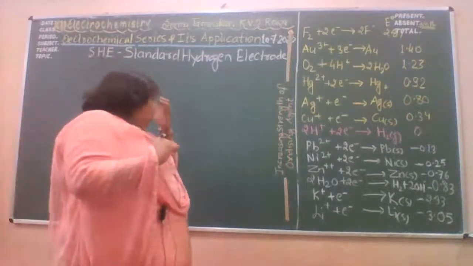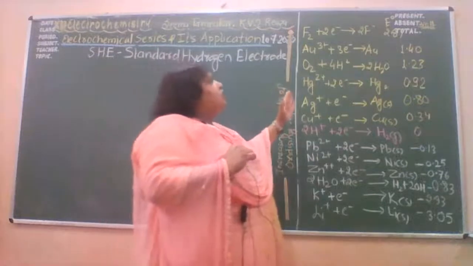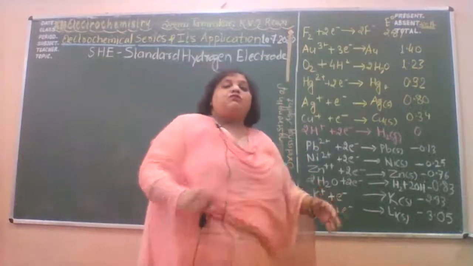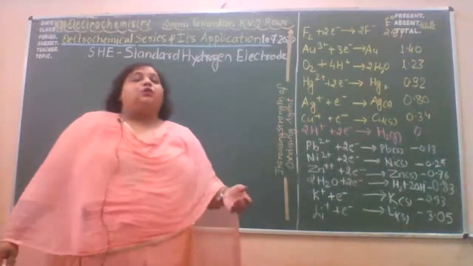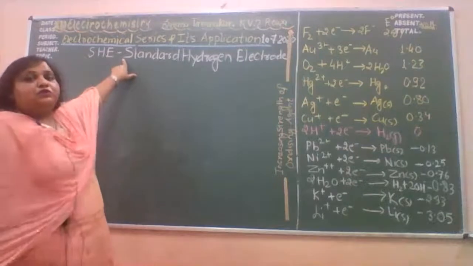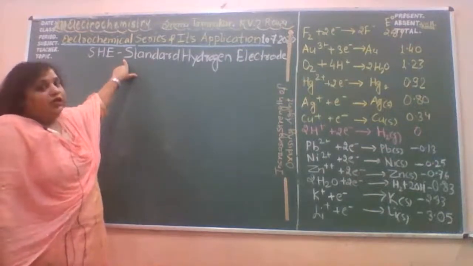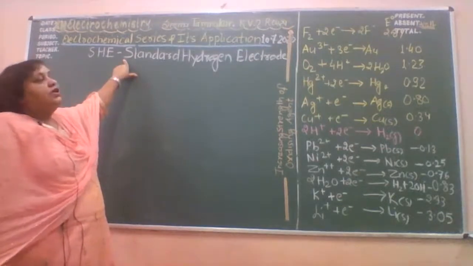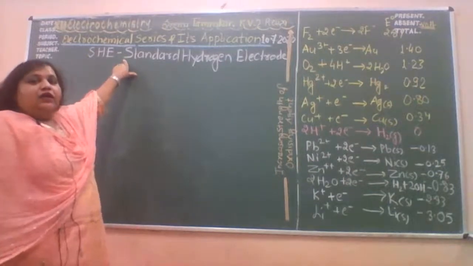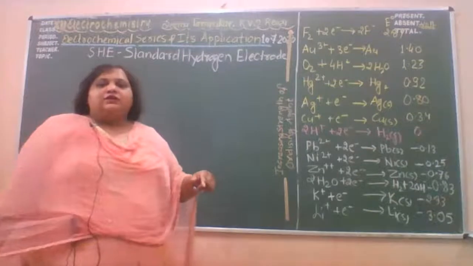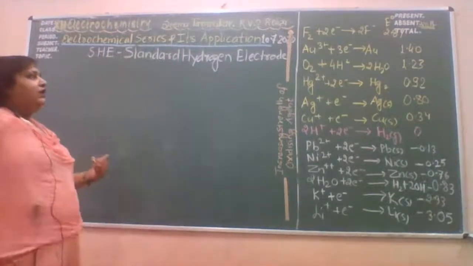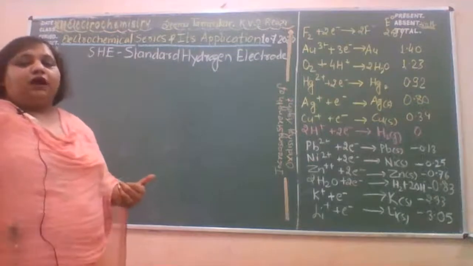So here, the series of the different elements arranged on the basis of their standard electrode potential, which is measured with reference to the standard hydrogen electrode, is known as the electrochemical series, right? Clear to all of you? Now I think I can come to the application part, right?